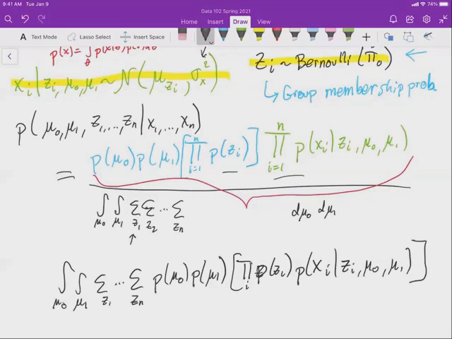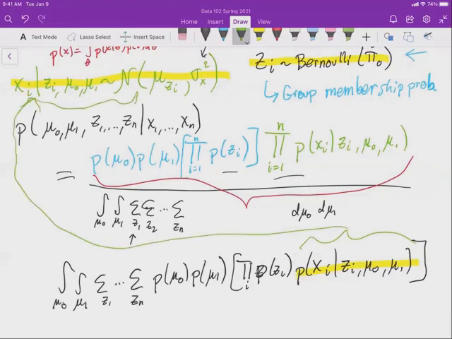Notice that this last term in the equation I wrote, which I'm highlighting, is a term that involves x, z, and the mu's. If we think about what it is, it's really the same as this thing up here, specifically this: a normal distribution with mean mu sub z and variance sigma squared.